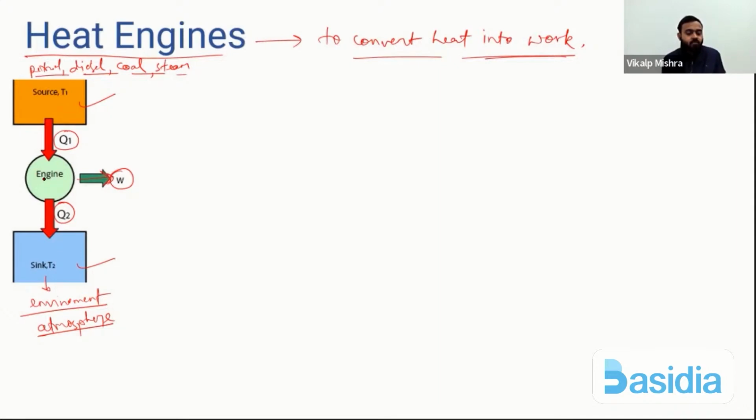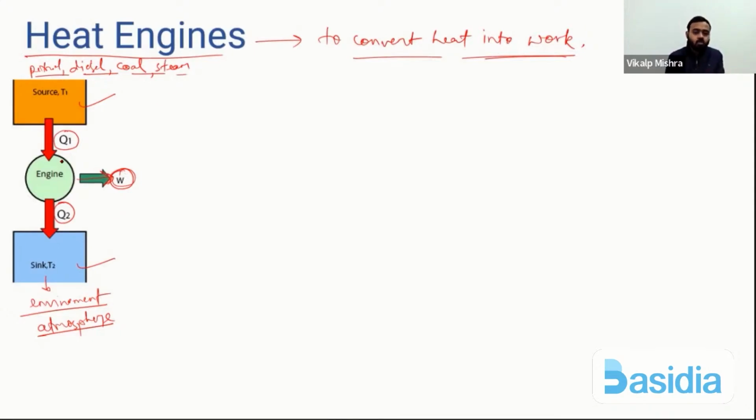Because of heat, pistons start to move. Then because of movement of piston, the wheel starts to rotate. So we are getting work, and some heat will be rejected to the surrounding or our atmosphere.